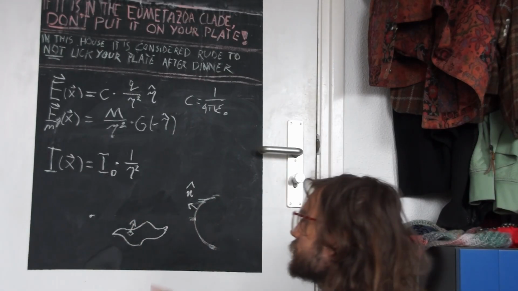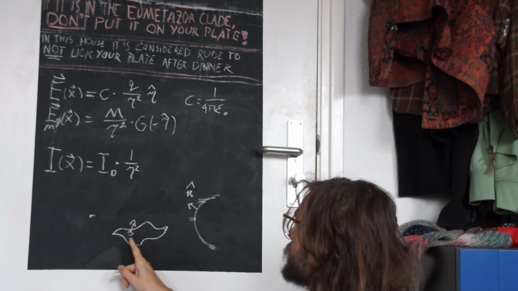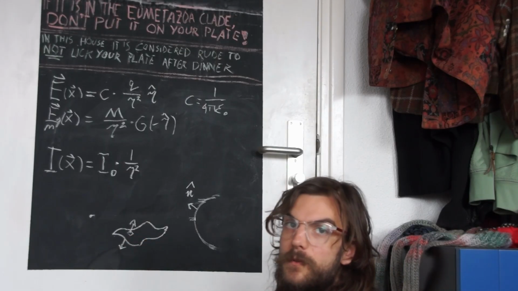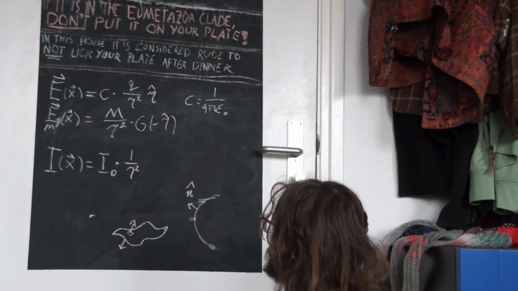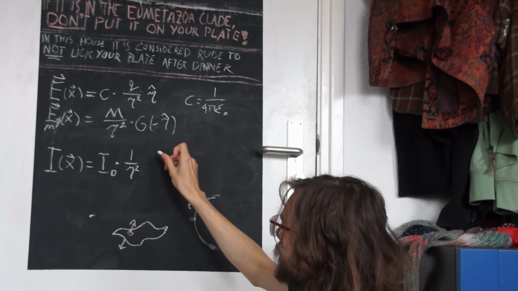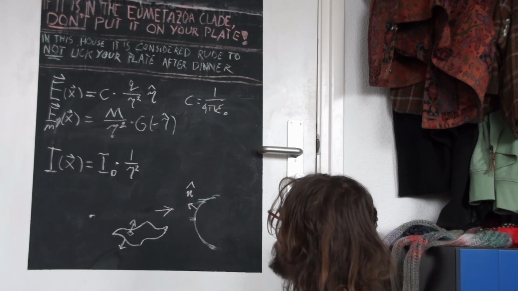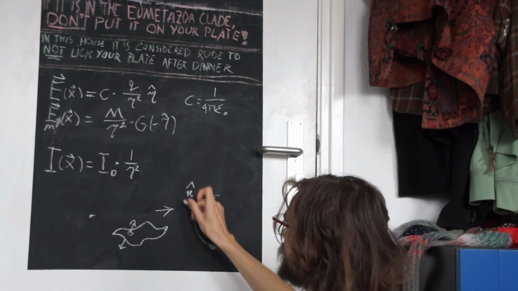And actually every surface has two normal vectors. There's one pointing this way and one pointing the other way. If we want to calculate the intensity, then we have to view this as a vector going this way. And we have to take the dot product with the normal vector.